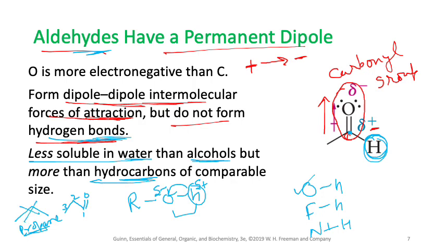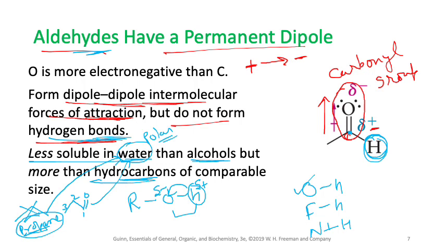So it has less attraction with water, because what is water? Water is a polar compound, and aldehyde has a polar group, a dipole. So the dipole can interact with water, but an alkane, propane being one example, cannot form any kind of interaction with water except the dispersion forces, which are present in every atom. So that's why aldehyde is more soluble in water compared to hydrocarbons, because of the presence of a dipole, or a dipole interaction with water.